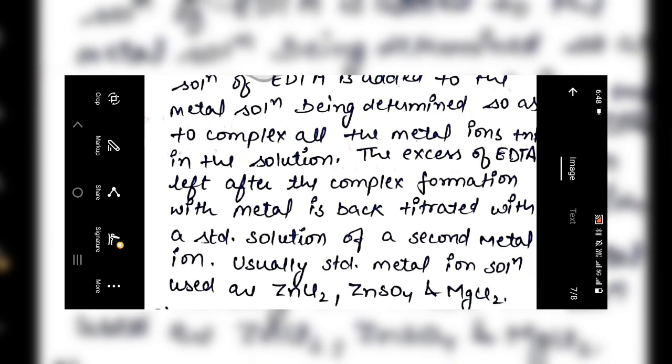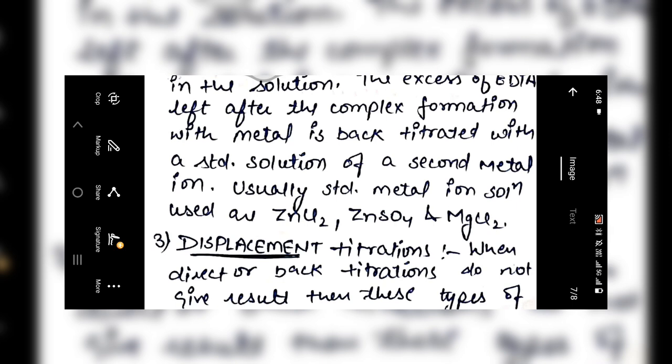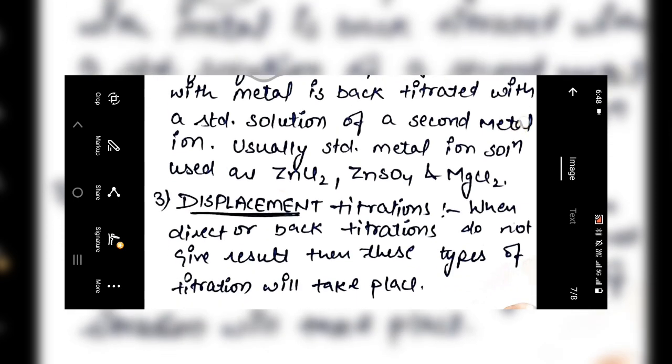The excess of EDTA left after the complex formation with the metal is back titrated with the standard solution of a second metal ion. Usually the standard metal ion solutions used are ZnCl2, ZnSO4 and MgCl2.